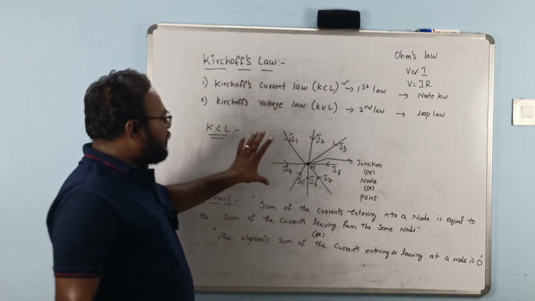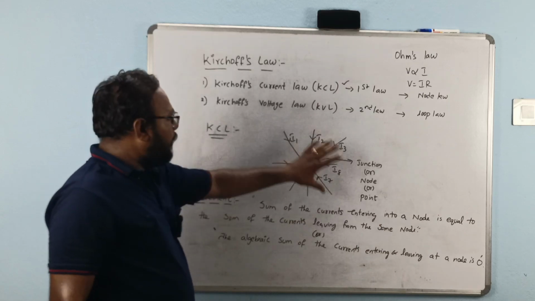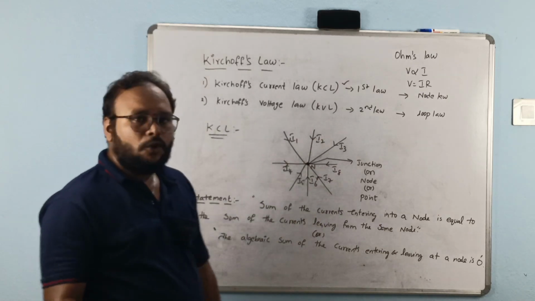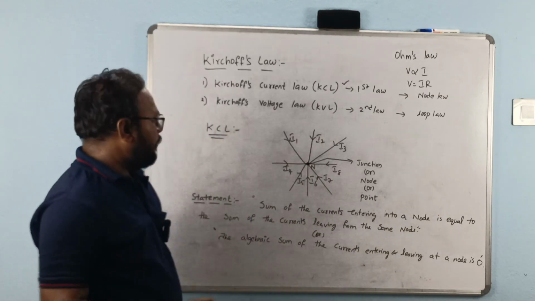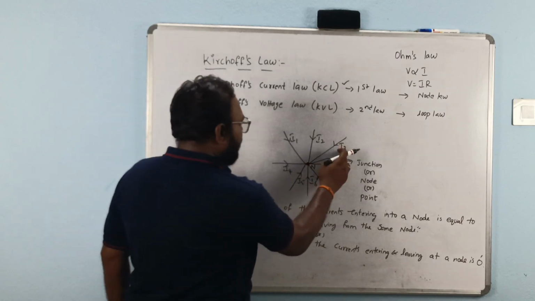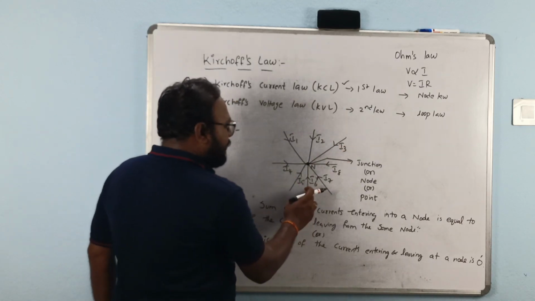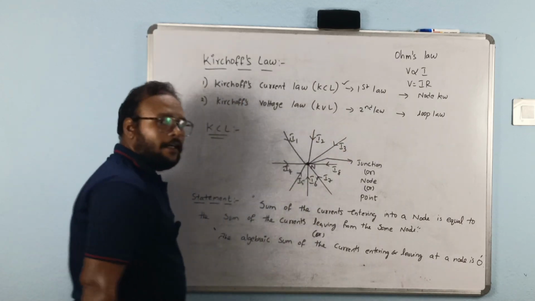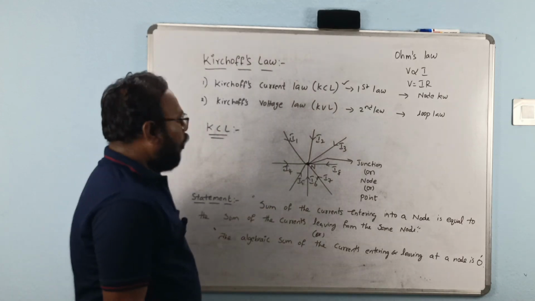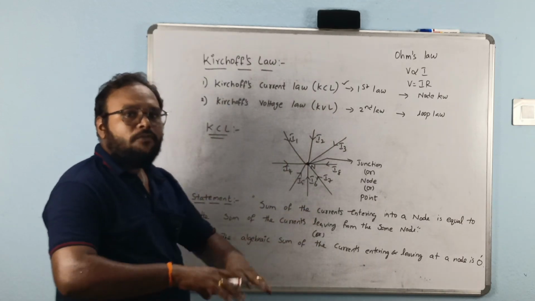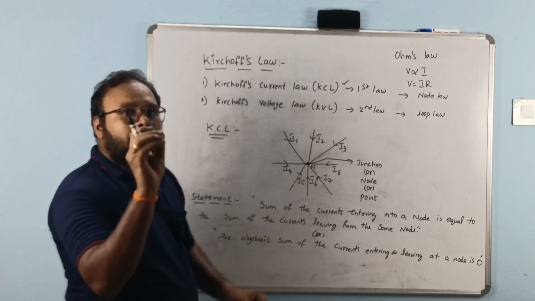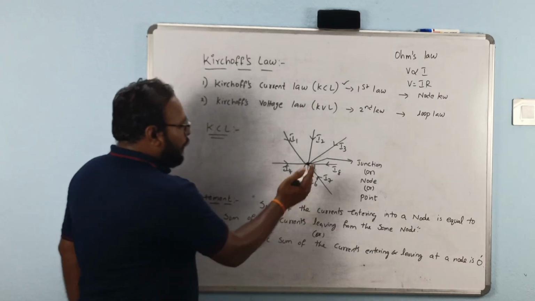If you observe this circuit, how many currents are there at the node? Eight currents: I1, I2, I3, I4, I5, I6, I7, I8. Now, how many currents are incoming and how many are outgoing at this node?